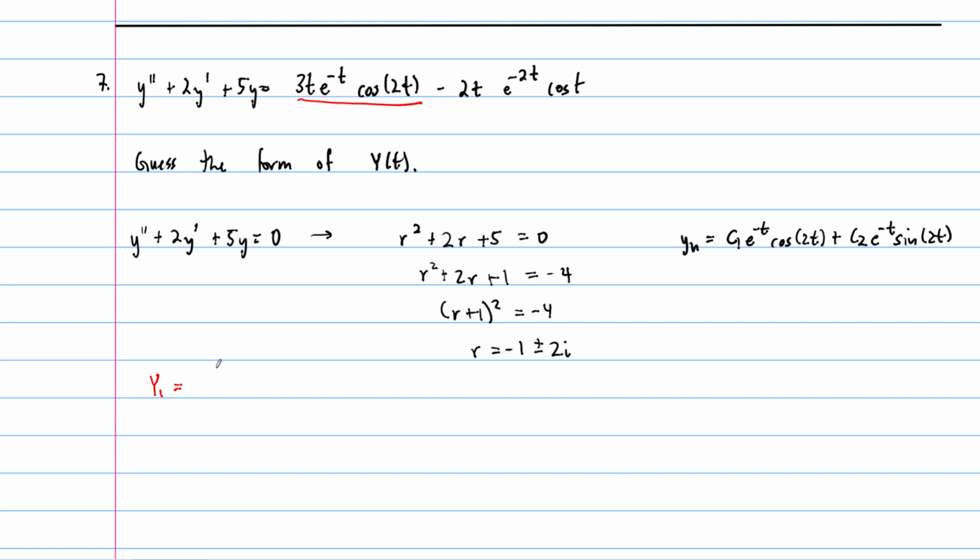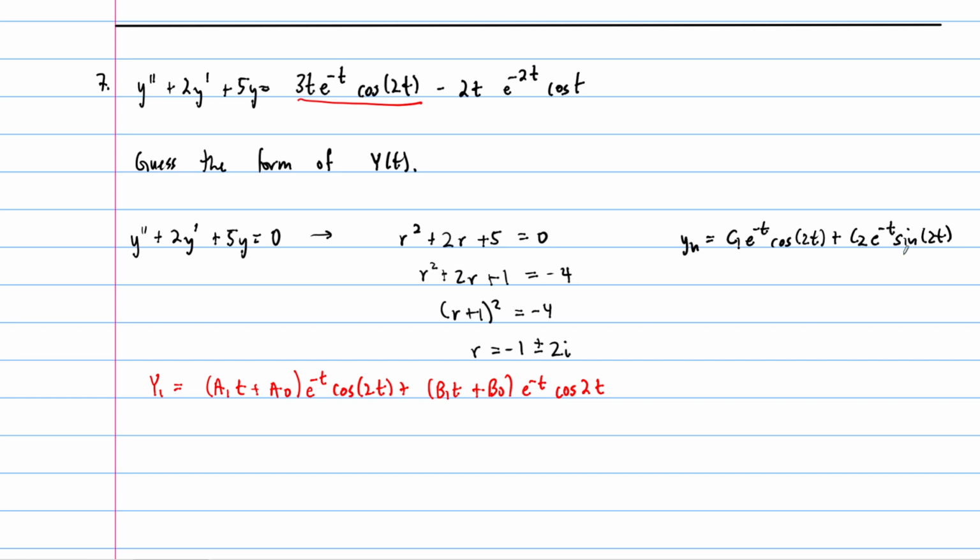So for this one, our guess has to be (a1 times t plus a0), a polynomial of degree 1, times e to the minus t cosine of 2t, plus (b1 times t plus b0) e to the minus t sine of 2t.